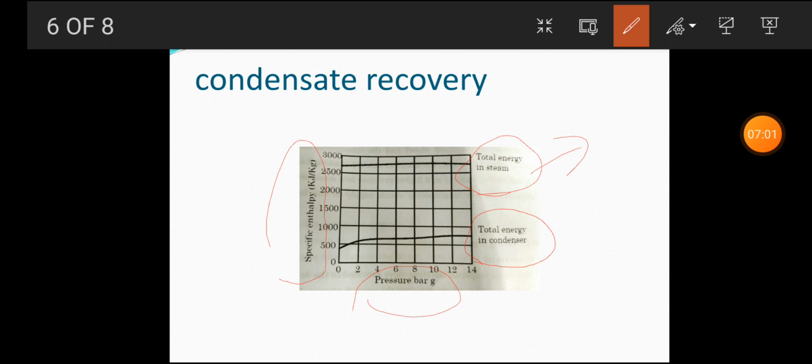The percentage of energy in condensate relative to the steam can vary from 18% to 30% at 14 bar. Clearly the liquid condensate is worth reclaiming.